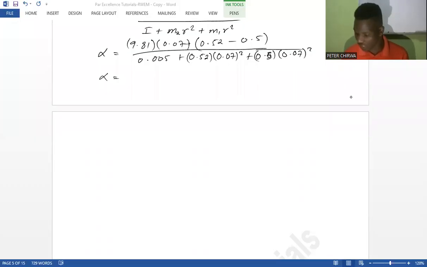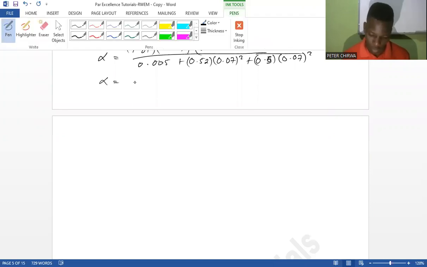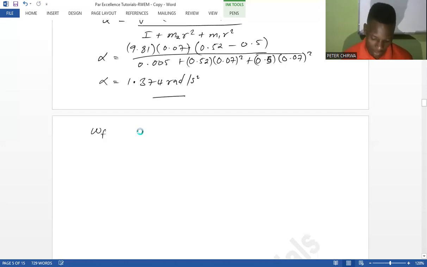So the acceleration is found to be 1.374 rad per square second. Okay, so now we have the angular acceleration, and now I think we'll be able to get the angular speed that we are looking for.